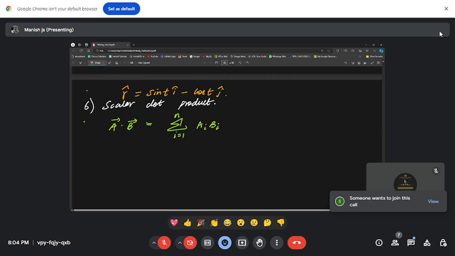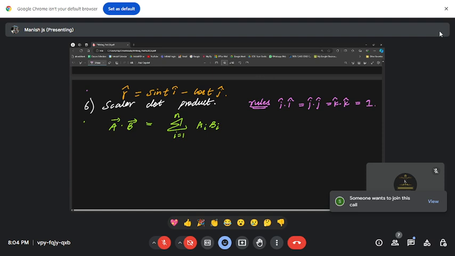When you multiply those unit vectors, the values you get are very important. For the scalar dot product, the rule to keep in mind is i dot i equals j dot j equals k dot k, and this value equals 1. It equals unity.